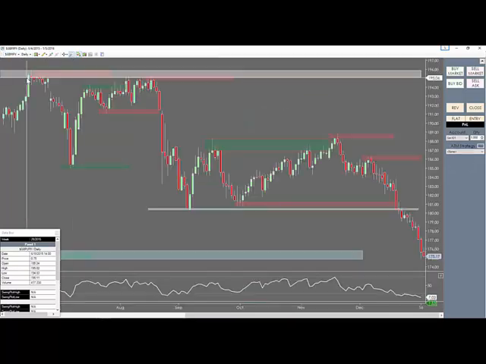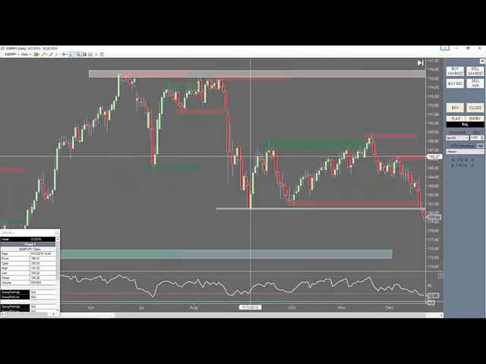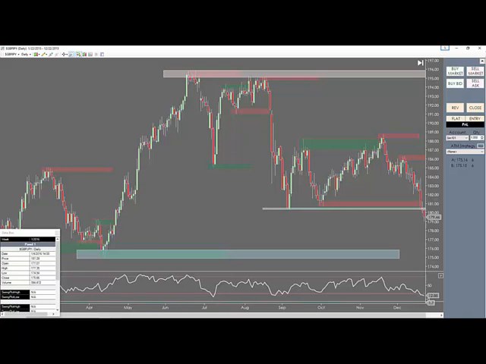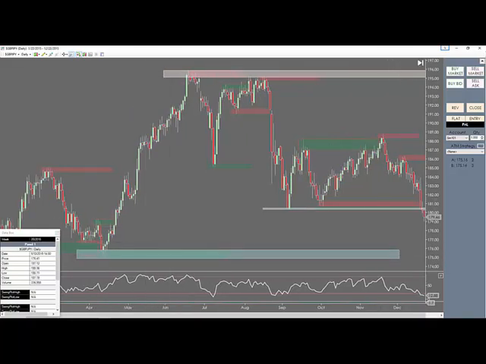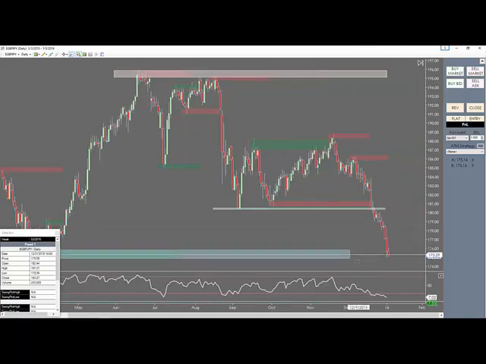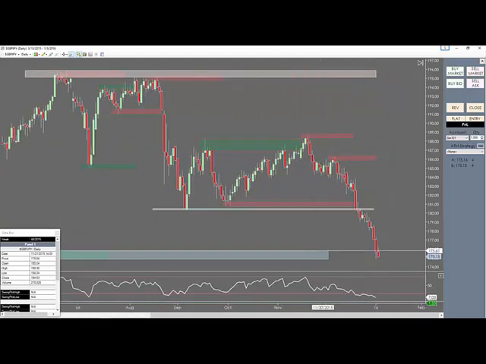And we go to pound yen. It's at the previous support level at this time. So what we want to do is try to find a reason for entry to take advantage of maybe a buying opportunity.